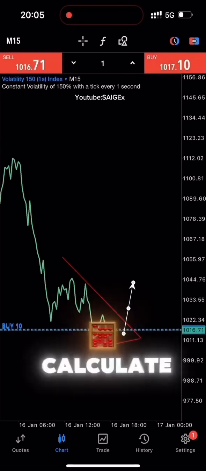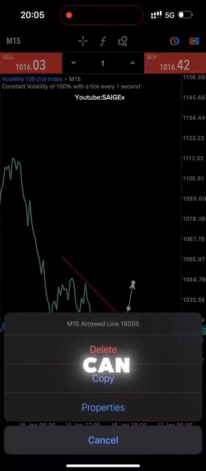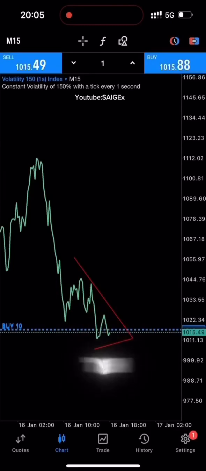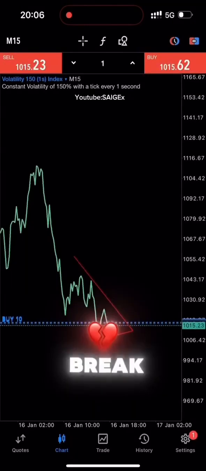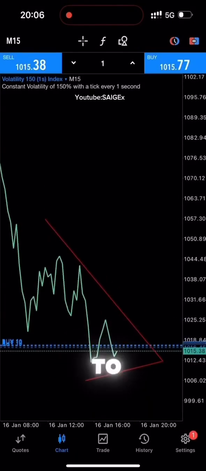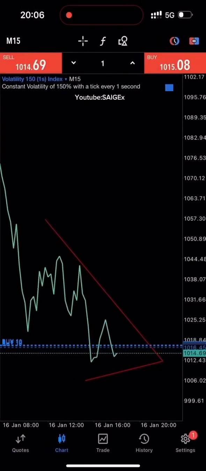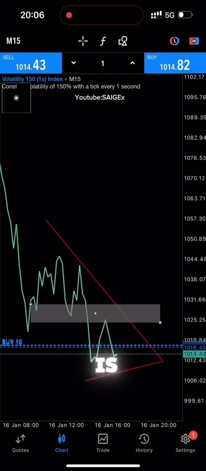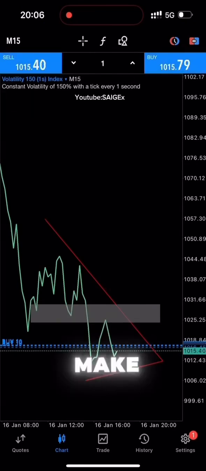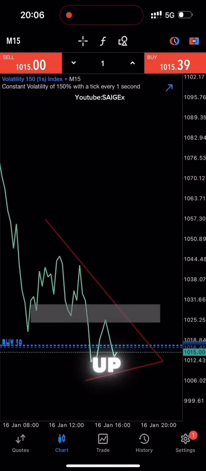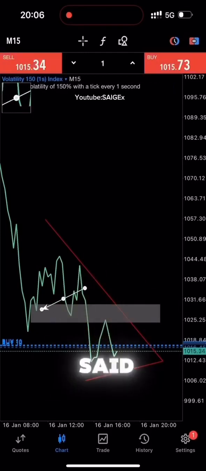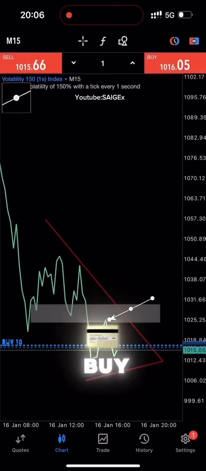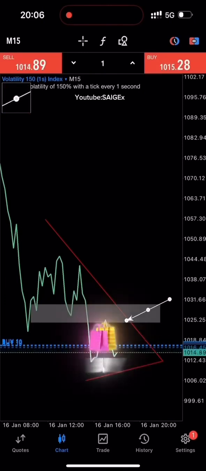You need to calculate. So here, when you go to the line chart, you can see a W pattern here, and then we see that it's going to break upwards and hit the other stop on the top there. That is what I used to make sure that the price is going to go up, because it's a W, and I've said the W, they always buy.